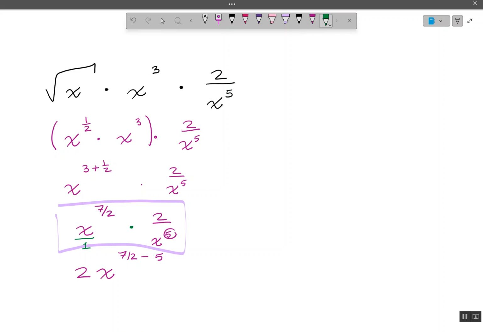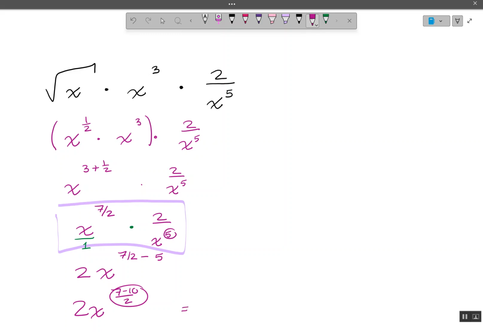And now that I'm multiplying, these two numerators get multiplied, and then the denominators get multiplied. So we have 2x to the 7 halves minus 5. 5 is 10 halves, so I've got 7 minus 10 halves. This number is negative 3 halves.